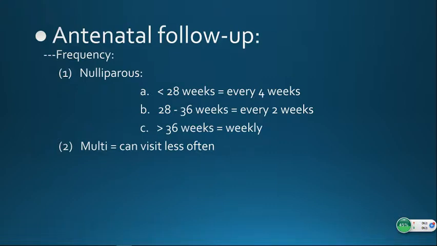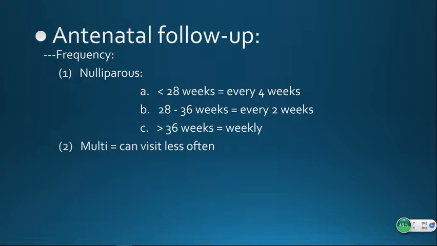So for the frequency of future follow-ups, there are again two critical times to remember: 28 weeks and 36 weeks. So before 28 weeks, it's a visit every 4 weeks. Between 28 and 36 weeks, it's every 2 weeks.